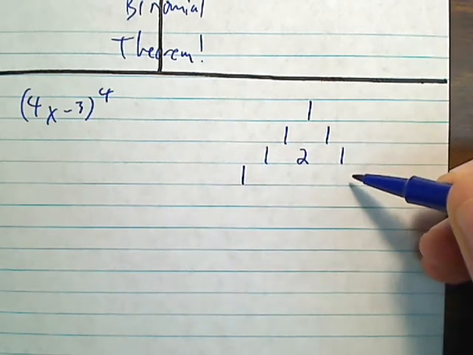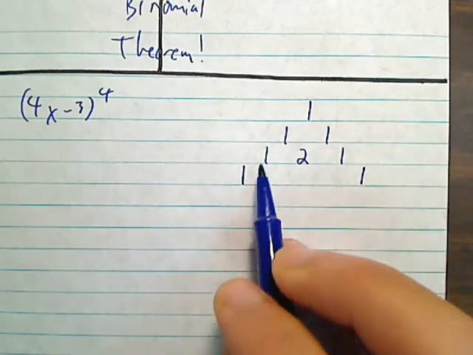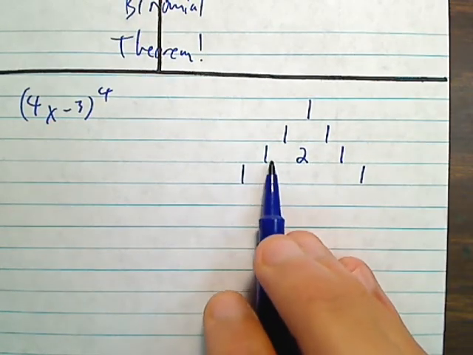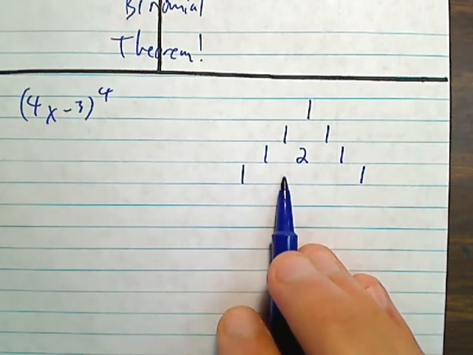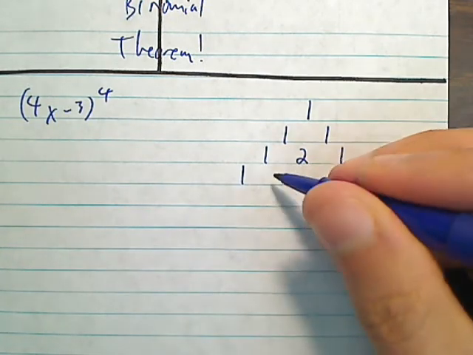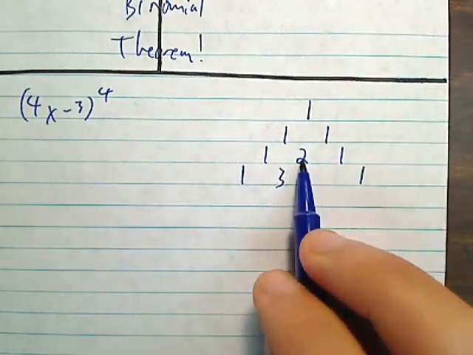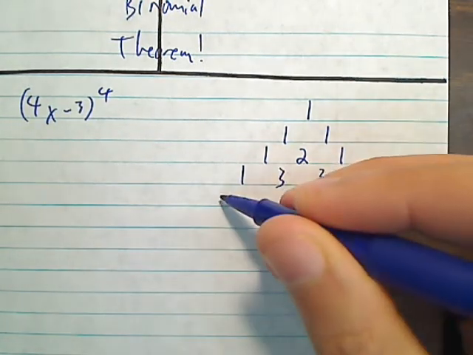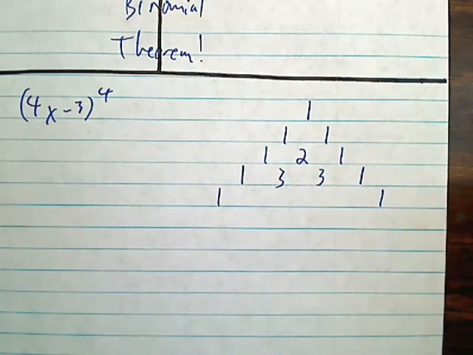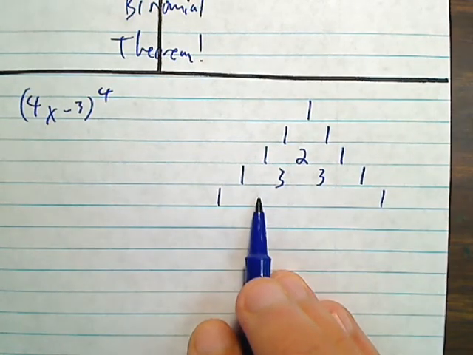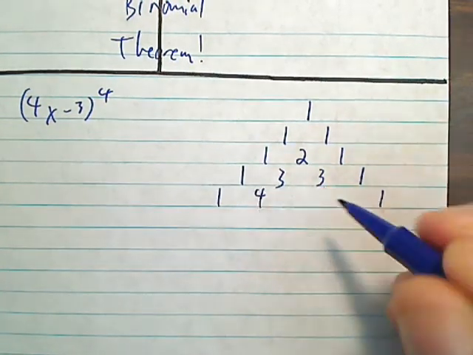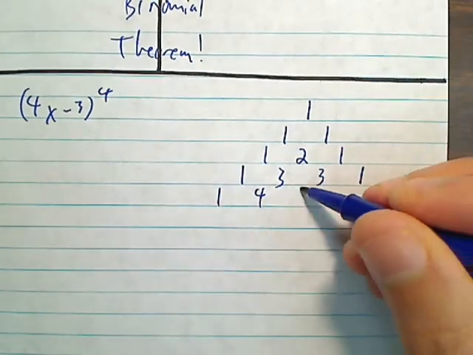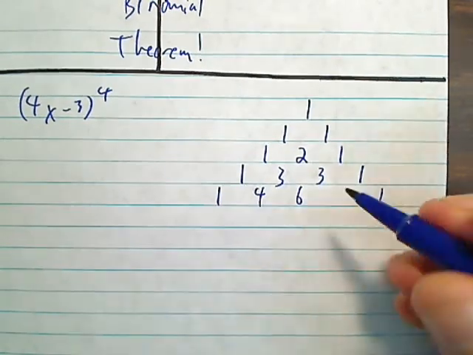So let's add 1 here and 1 here. It's kind of like 1 plus 0 there as well. So here, in between 1 and 2, I'll write 3 because 1 plus 2 is 3. And in between 2 and 1, 2 plus 1 is 3. Again, with the 1s on the outsides, we'll draw a couple more rows. 1 and 3 gives me 4. 3 and 3 gives me 6. 3 and 1 gives me 4.